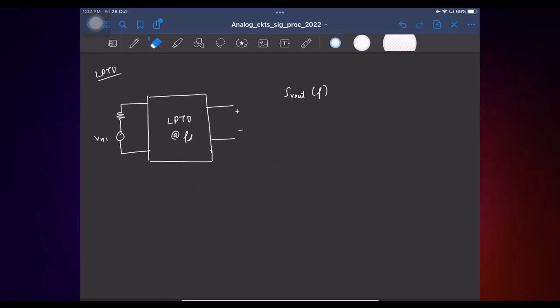Okay. And by the way, how will you find power spectral density? In the sense, let us say you are given this network in lab and you have access to these two terminals. So in a lab environment, how will you measure the power spectral density?